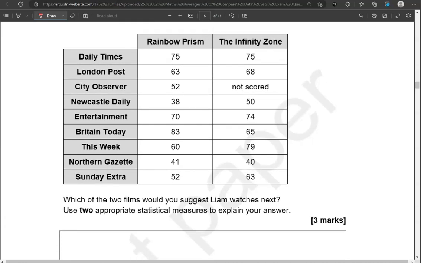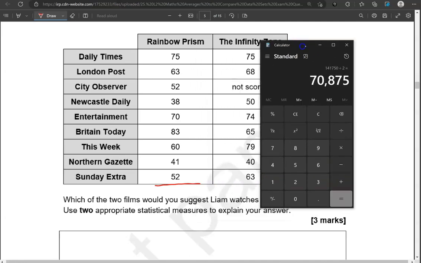So starting with Rainbow Prism, I'm going to add all these scores. So we have 75 and 63 and 52 and 38 and 70, 83, 60, 41, 52.